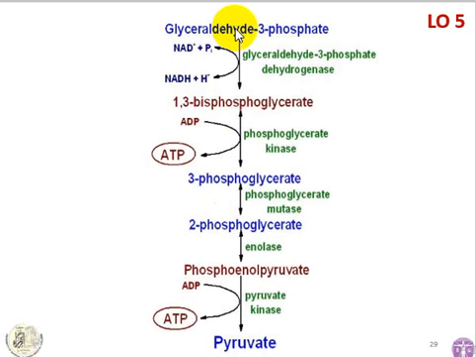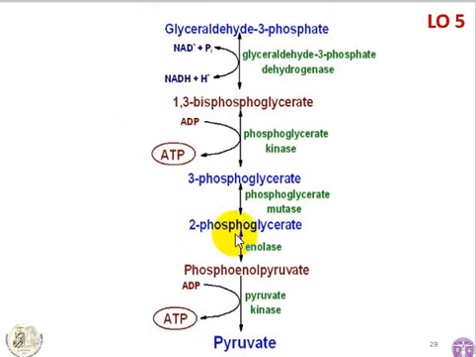Because in the first phase we gain 2 molecules of glyceraldehyde 3-phosphate, in this phase we gain 2 molecules of pyruvate and 4 molecules of ATP.